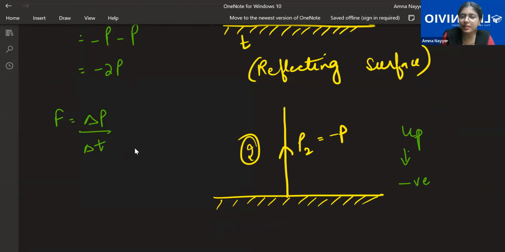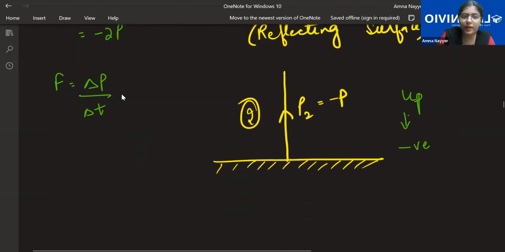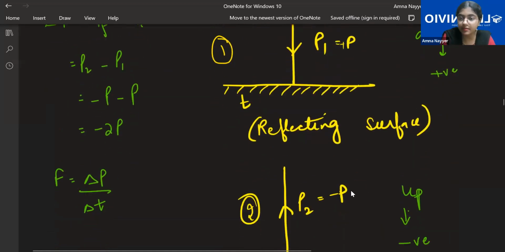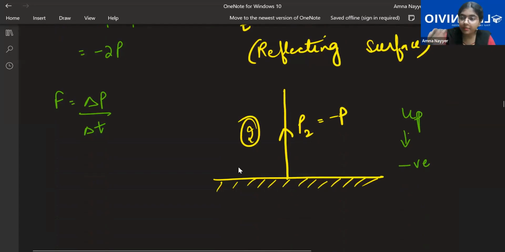Once a tricky question was asked, and this hasn't been asked again, but you should know when it comes. You'll have to remember momentum change will be double, because it is not getting cancelled. Positive, this is negative. When you subtract them, it will eventually be added.